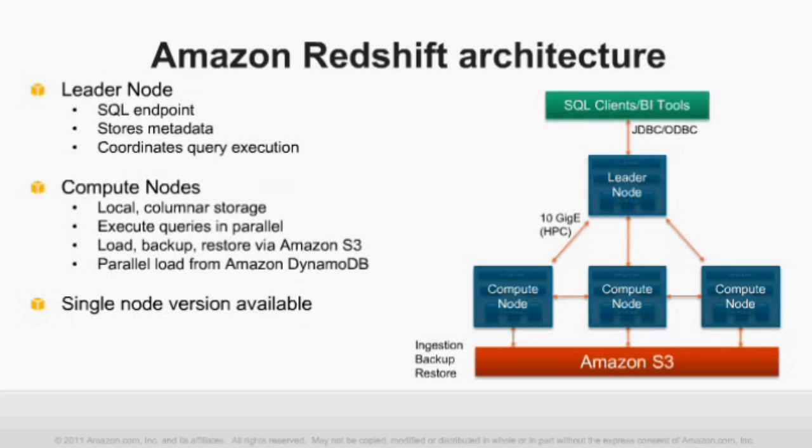And then there's also a single node version for our smallest extra large instance type, where the leader node and the compute node are co-located, and it enables you to test the service out and get started, but then you can scale. And we'll talk about being able to scale from 2 terabytes to 1.6 petabytes.